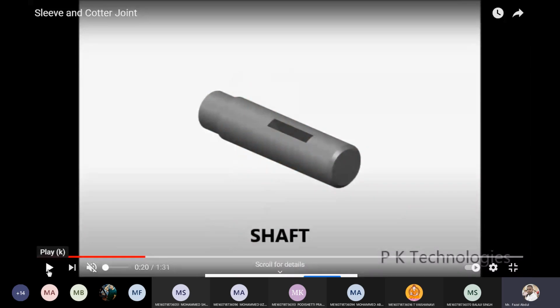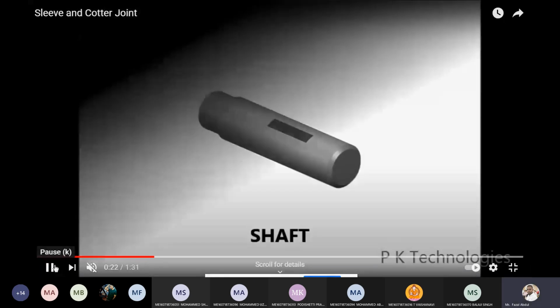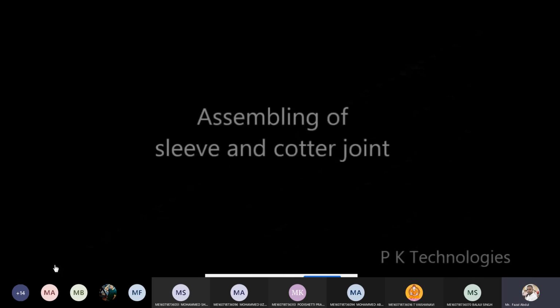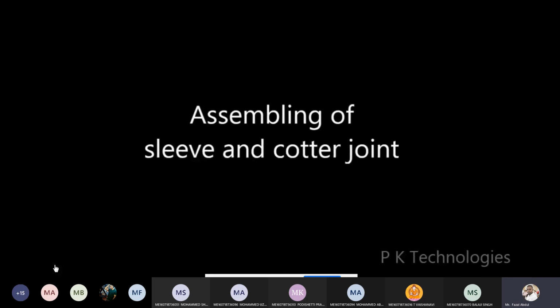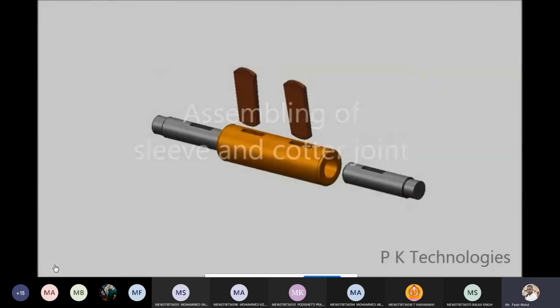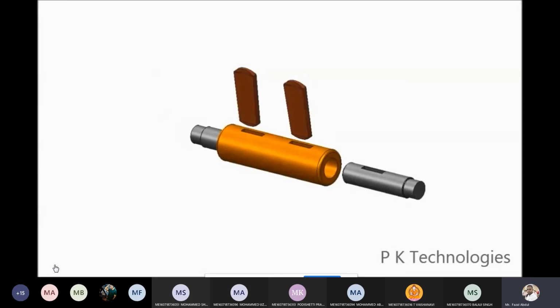And this is a shaft. For the shaft also, a slot is provided. Whatever dimensions we provided in the sleeve, the same dimensions are maintained here. Now this is the assembly, how it is going to assemble. From both ends of the sleeve, shafts are inserted.